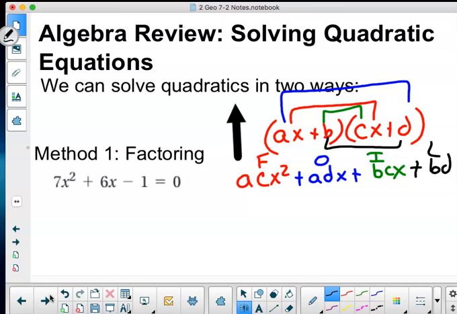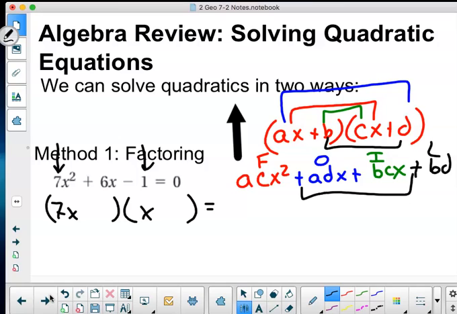Now, when we factor it, we're trying to do it the other way, because these two would become the inside-outside terms, and that would be FOIL. Keeping this in mind, when the leading term is a prime integer, I have only one choice, 7x and x. When the final term is prime, the numbers that multiply to make 1 are 1 and 1.